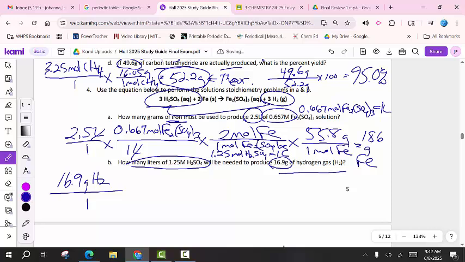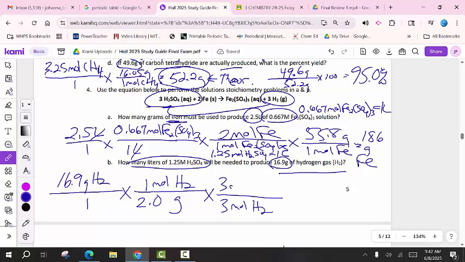But because I'm starting in grams, I have to change it to moles using the molar mass of H2. Now H is 1, but this is H2, so it would be a molar mass of 2.0. Then I'm ready to do the stoichiometry where I take 3 moles of H2 on the bottom, because that's the coefficient, and put 3 moles of H2SO4 for what I'm looking for.